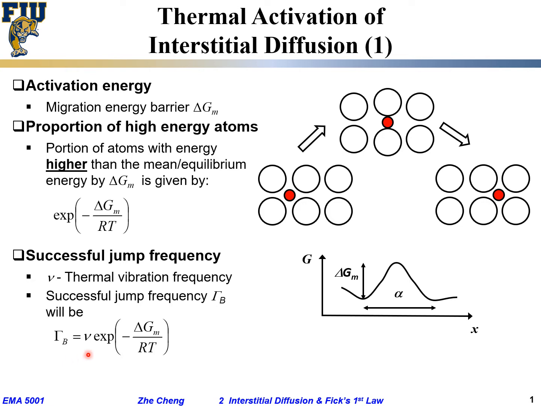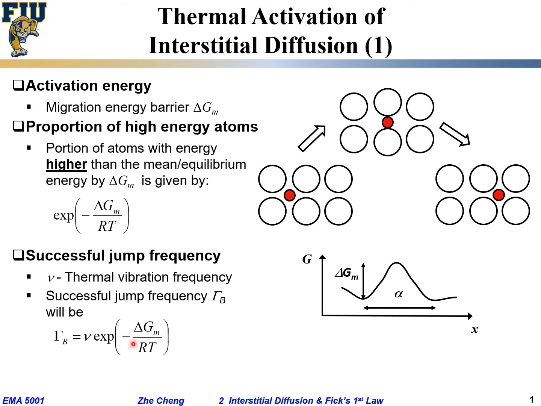Mu gives us, okay, every atom at any moment is trying. But among all these trials, the probability of overcoming this barrier would be given by this. Make sense? And that's our so-called successful jumping frequency.